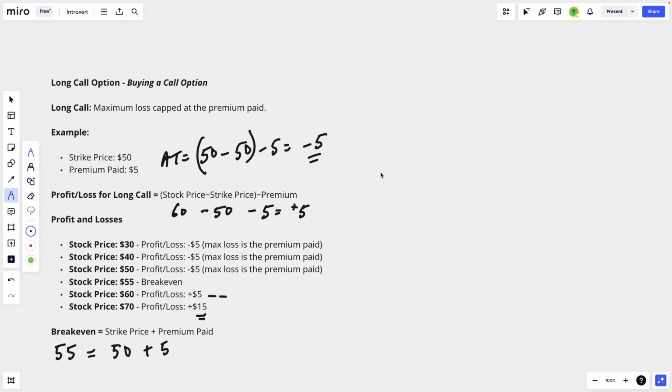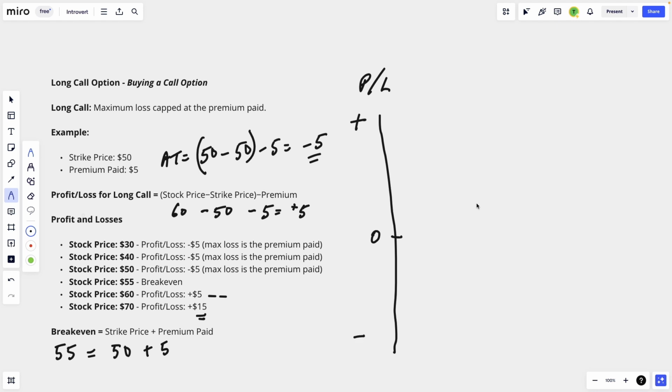So now we want to chart these on a diagram, which makes it really easy to visually understand. On the y-axis here, this is going to be your profit and loss, and we'll mark it off 0 here. Anything above the 0 line is going to be positive, and anything below is going to be negative.